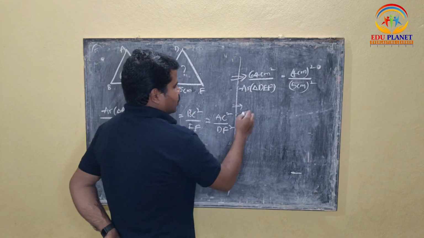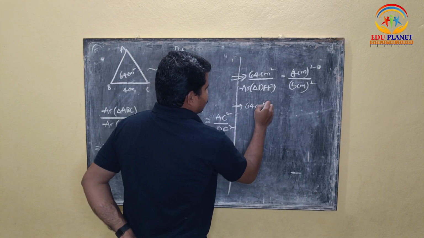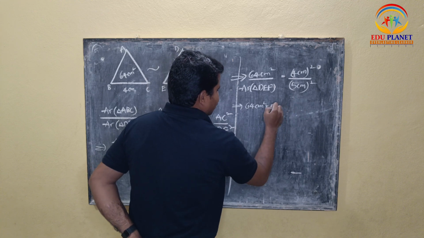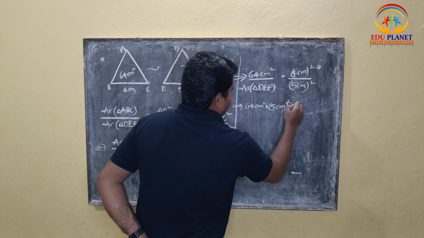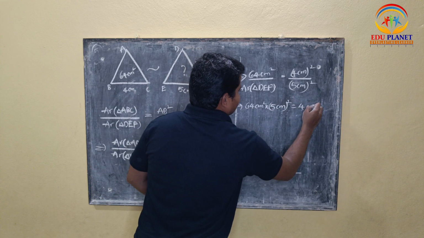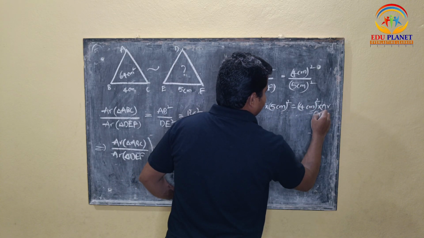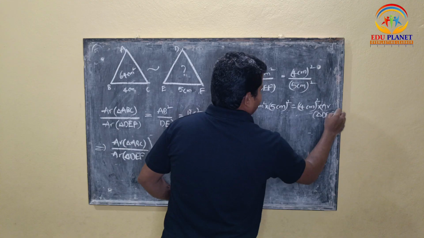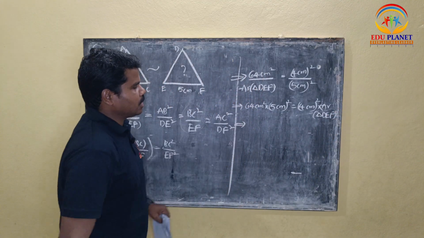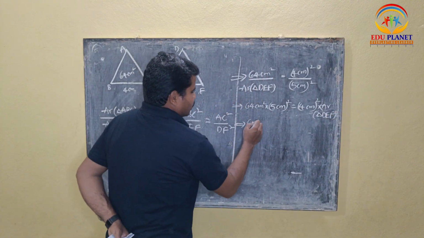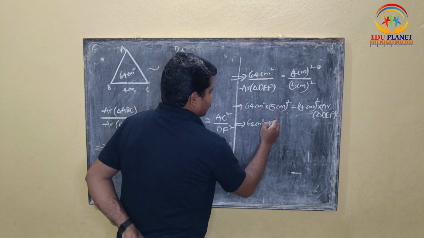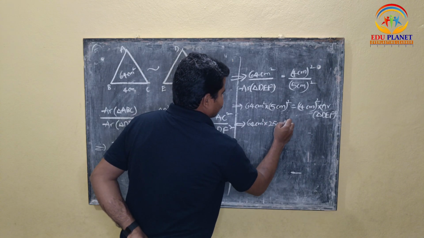Do the cross multiplication. 64 centimeter square into 5 centimeter square equals 4 centimeter square into area of triangle DEF. See here, 64 centimeter square into 5 square means 25 centimeter square.